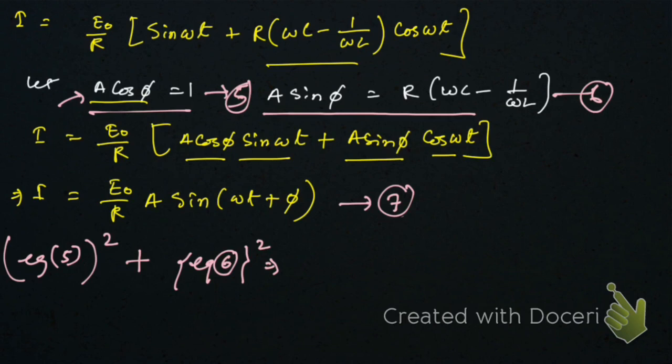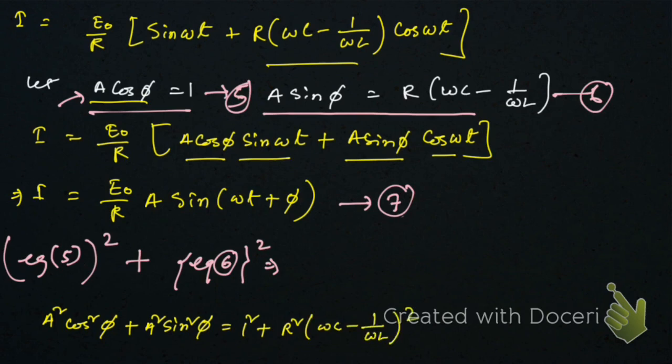So let me write below: a square cos square phi plus a square sin square phi is equal to 1 square on the right hand side, plus R square omega c minus 1 by omega L whole square. That's what we were gonna get, right? So from here you can take a square common.